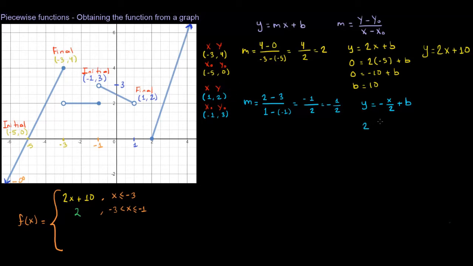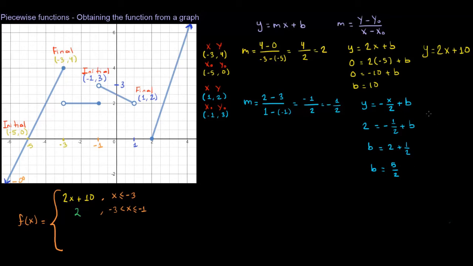So I'm going to substitute here y value for 2, and the value of x will be 1. So we get b will be equal to 2 plus 1/2. In other words, b is equal to 5 over 2.